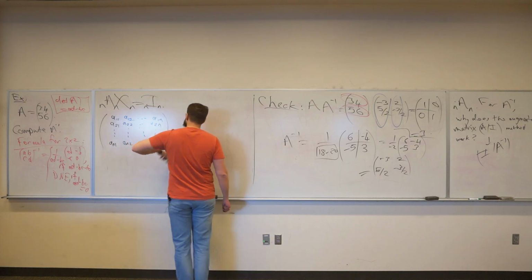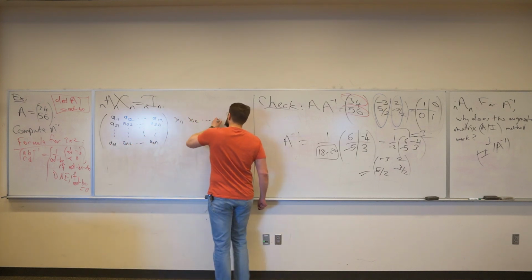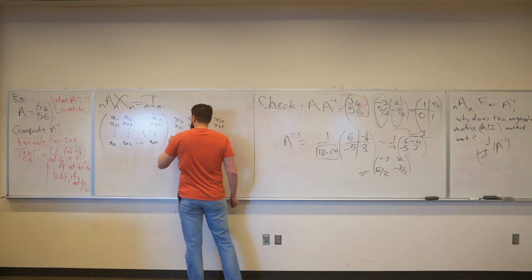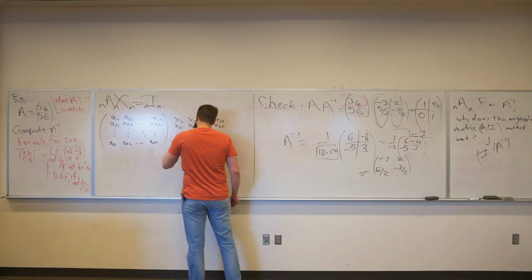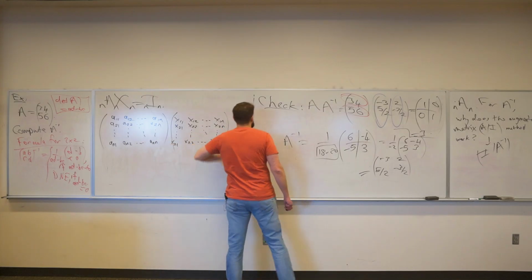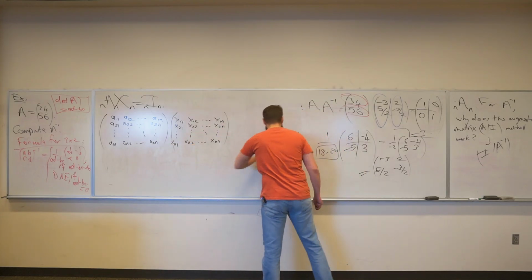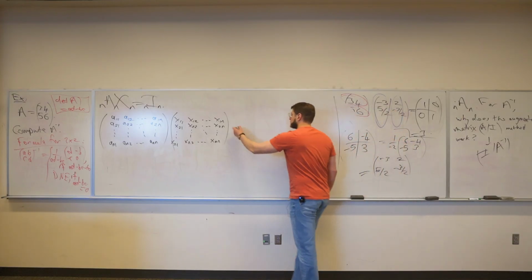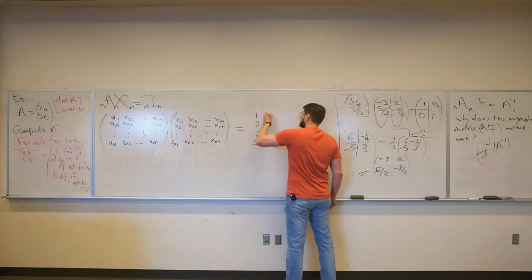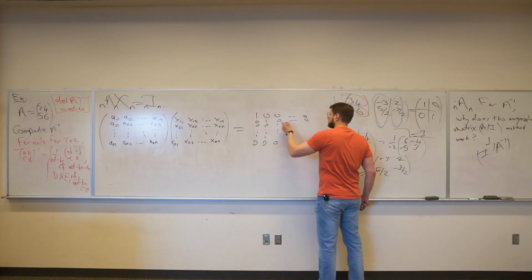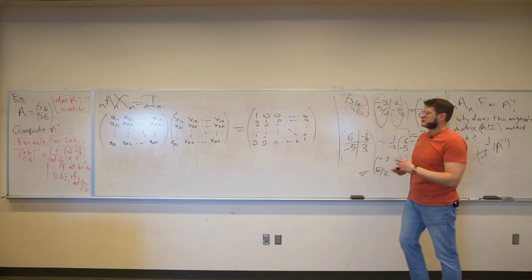That's my A matrix. That's my X matrix. And then I also have the identity matrix. When you open that up, you get this.